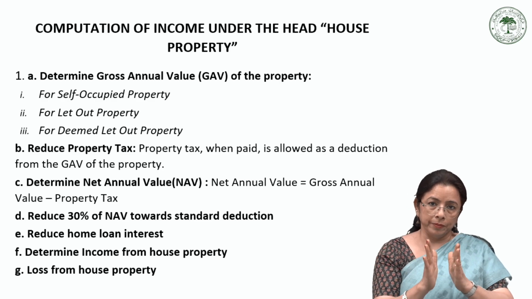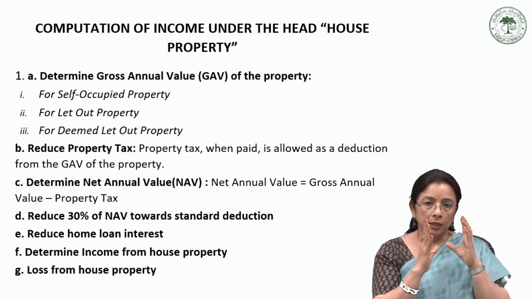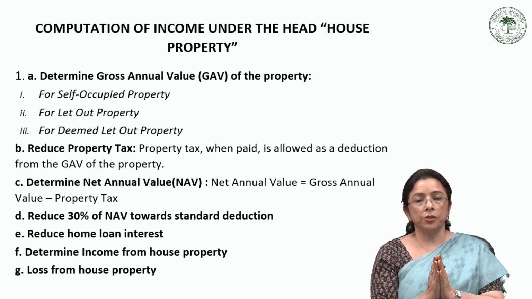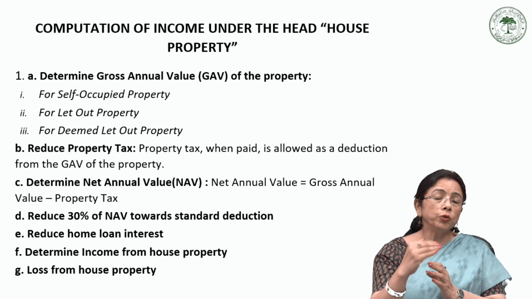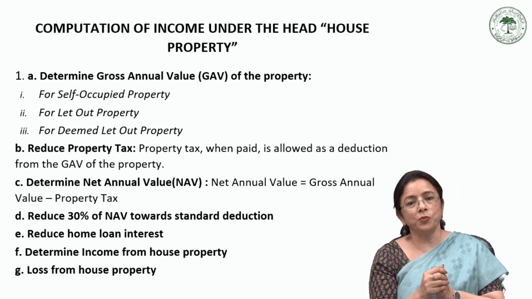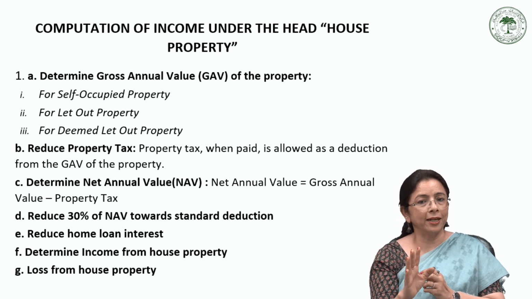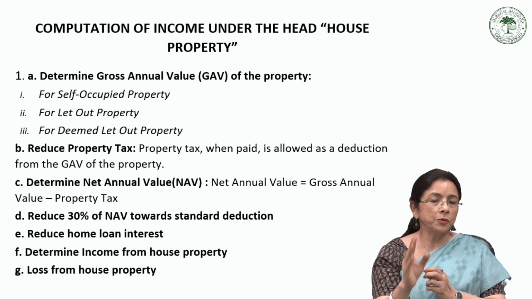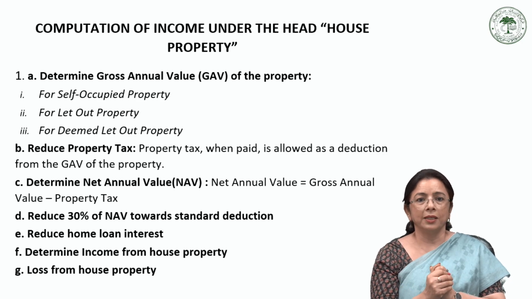In the previous session, we learned what the basic criteria to be taken into consideration are, what the exemptions are, and what to include and not include as income from house property. Now, once the decision is taken, what steps we have to follow in order to compute the income from house property.